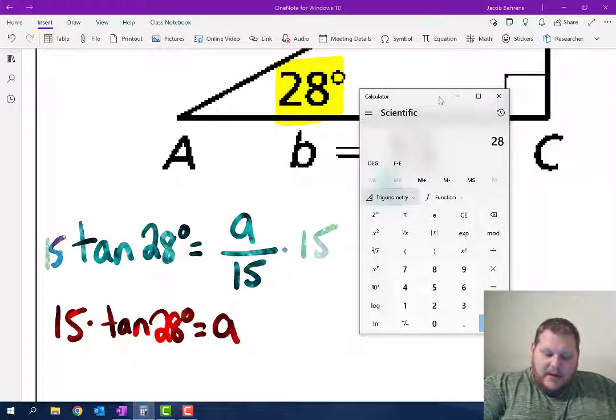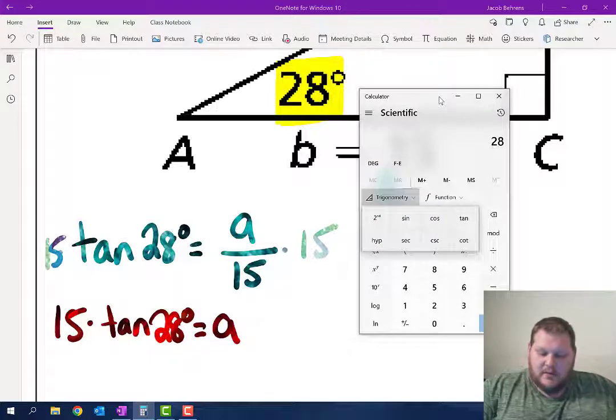And then here on mine, I have to go into the trig menu, and I want to do tan. Now on most calculators, sine, cosine, and tangent are shortcut buttons. If that's not the case, check in with me, and I can help you figure out where those buttons are on your calculator. But especially sine, cosine, tangent, they're almost always a button on a scientific calculator that you can find and just press directly.